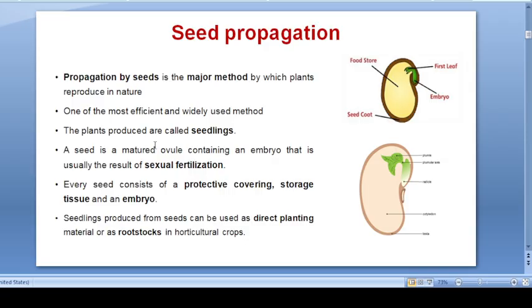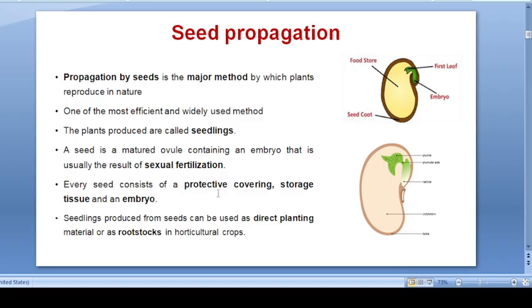And whatever plants are produced through seeds are called seedlings. Here the seeds are mainly produced through the fusion of gametes from sexual organs, that is ovary and also anther, like ovum and anther, or male and female gametes are involved in the production of the seeds.